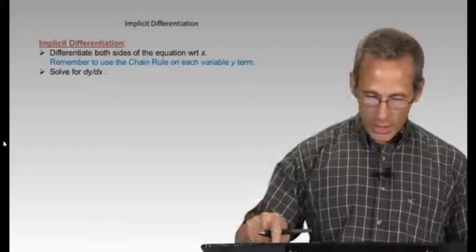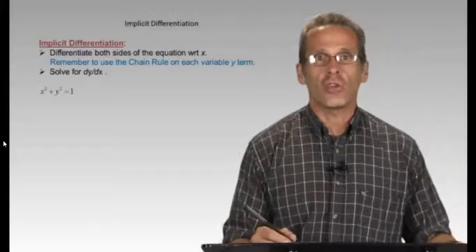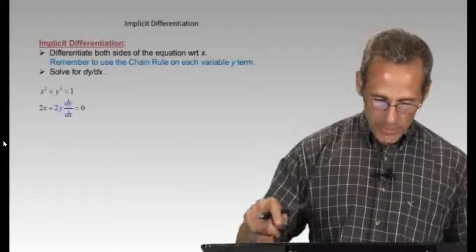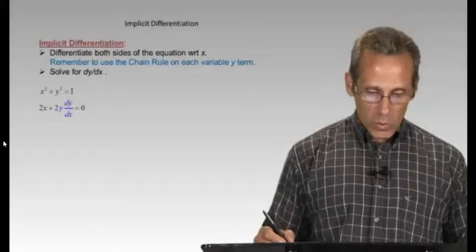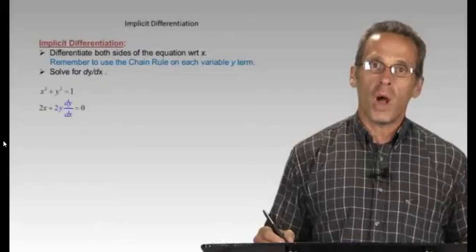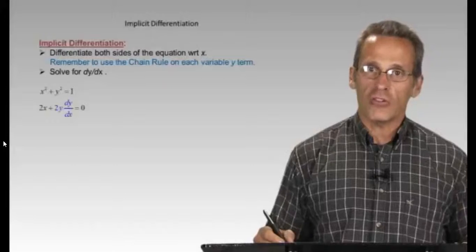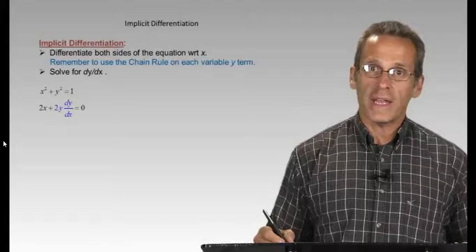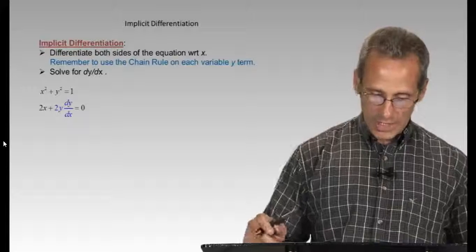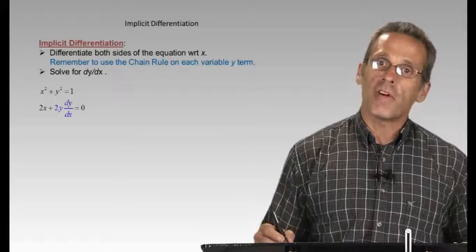Let us return to our circle centered at the origin, radius 1. We will differentiate x squared and get 2x. We will differentiate y squared and get 2y, but because y is a function of x, it is multiplied by the chain rule, times dy/dx. You see it highlighted in blue. The derivative of 1 is 0.